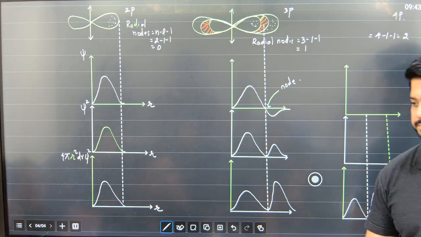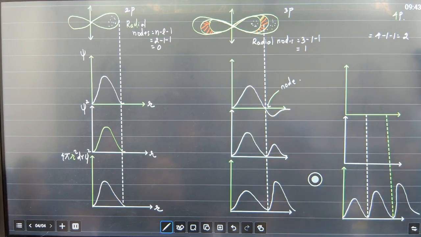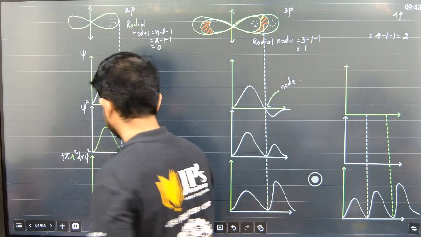Did you get that? That's the plot for 2p, 3p and 4p. I want you to draw the plot. Okay? Come on, quickly complete this for me.